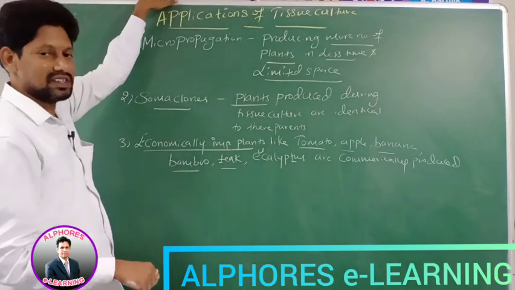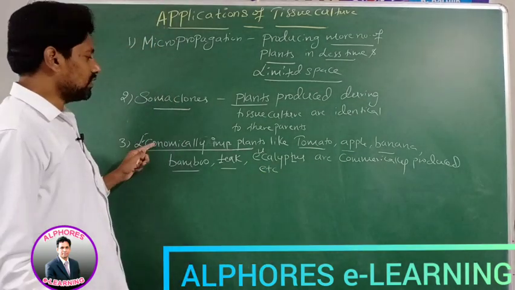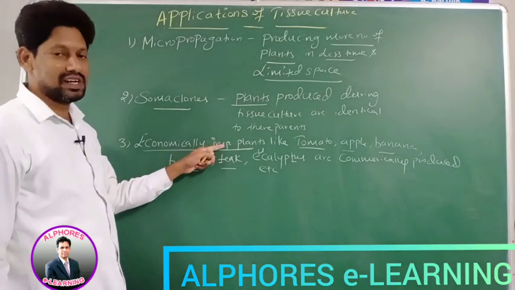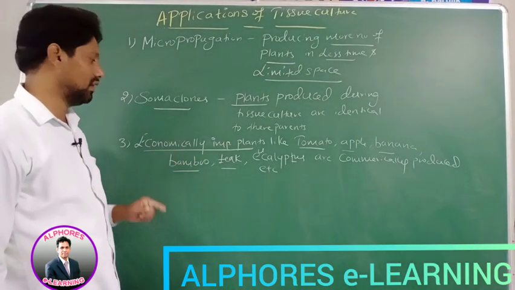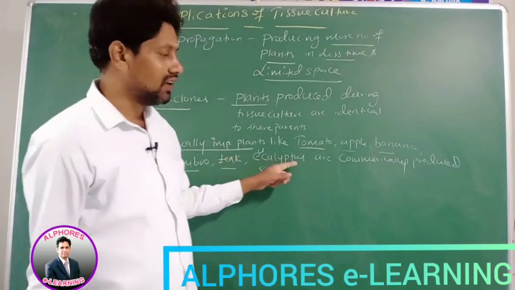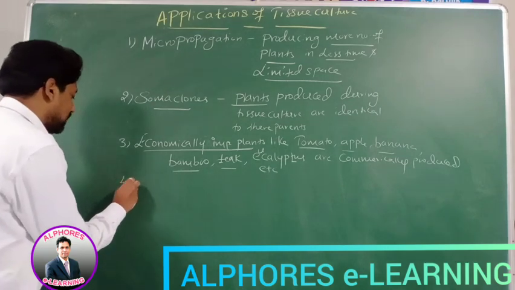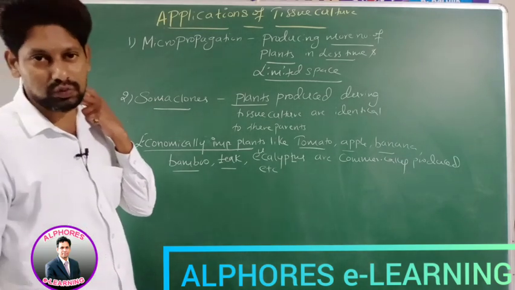Sir, only these plants? Many are there; some examples we are taking here. Therefore, economically important plants such as tomato, apple, banana, bamboo, teak, eucalyptus, etc. are commercially produced.